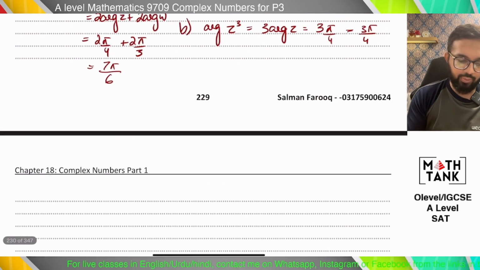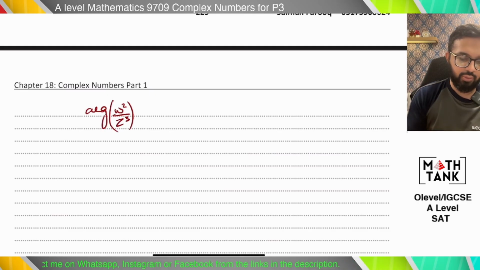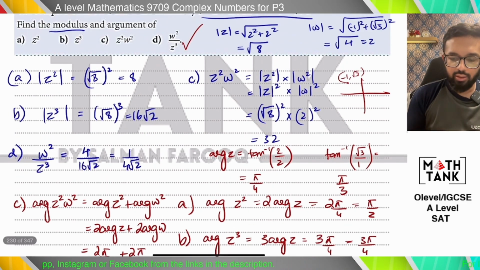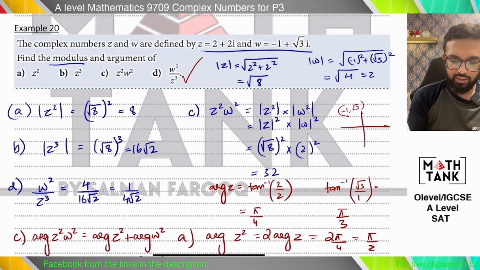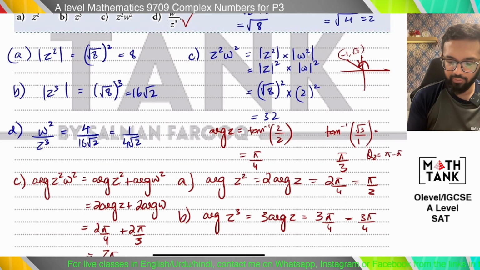For w squared over z cubed, the argument of w squared over z cubed. Oh, my bad, I've made a mistake here. This argument wouldn't be pi over 3. In quadrant 2, I would have the argument as pi minus pi over 3.